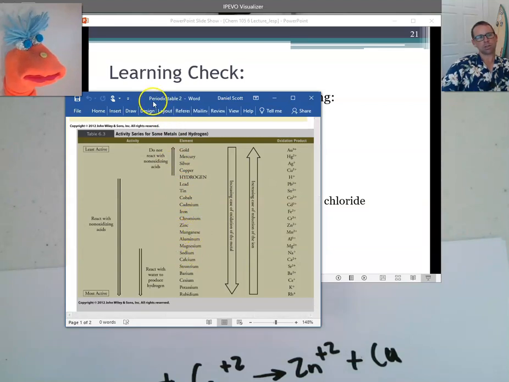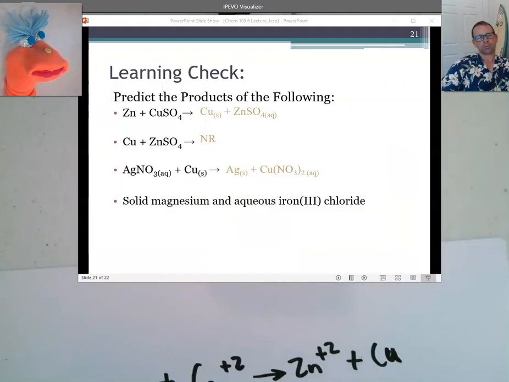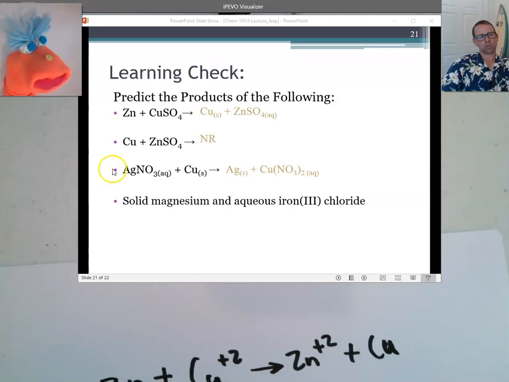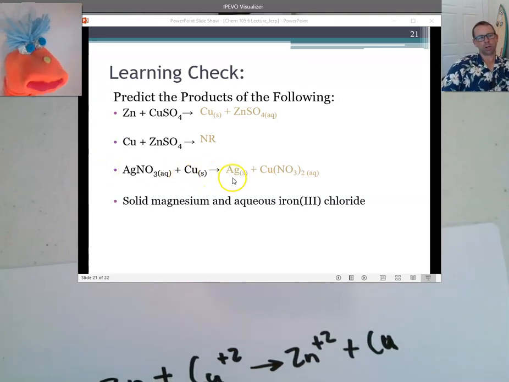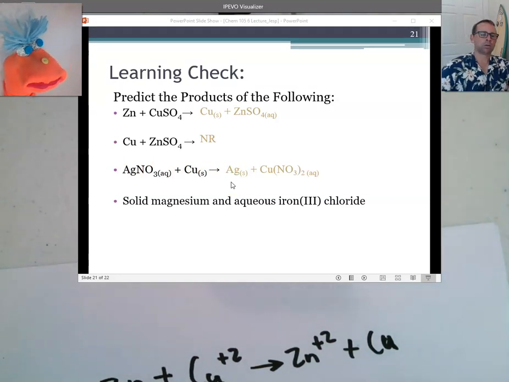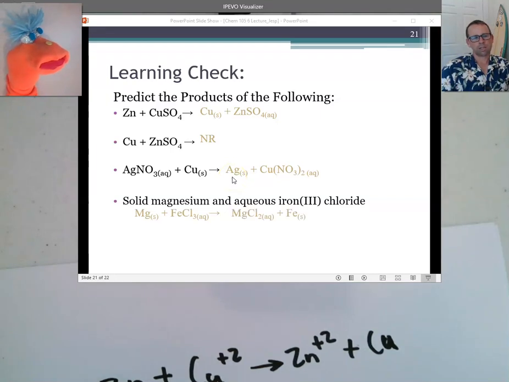Magnesium here is more active. So what? Well, we're asking magnesium to be more active. So yeah, that's going to happen. And the products will be magnesium chloride and iron metal. Very good. Magnesium chloride and iron metal.